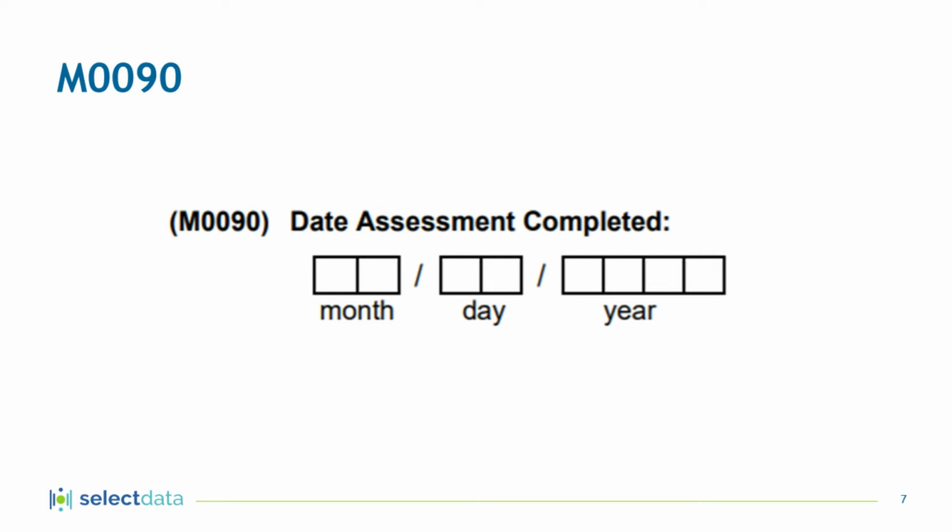If an error is identified at any time, it should be corrected following the agency's correction policy, and the M0090 would not necessarily be changed.